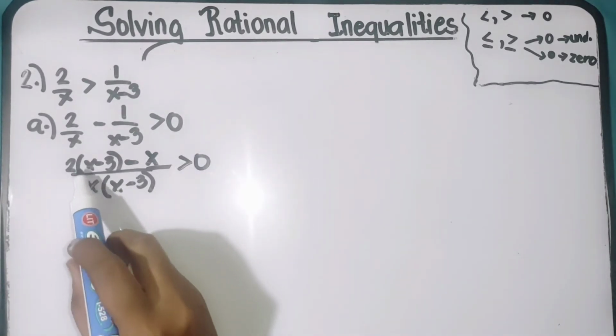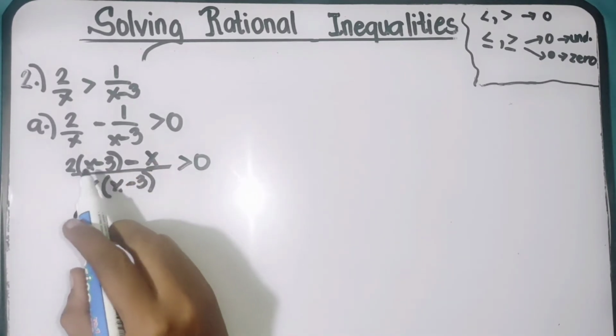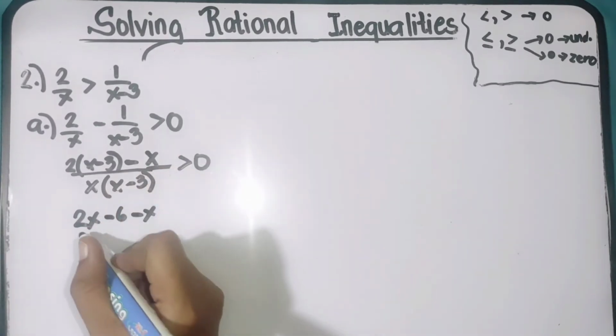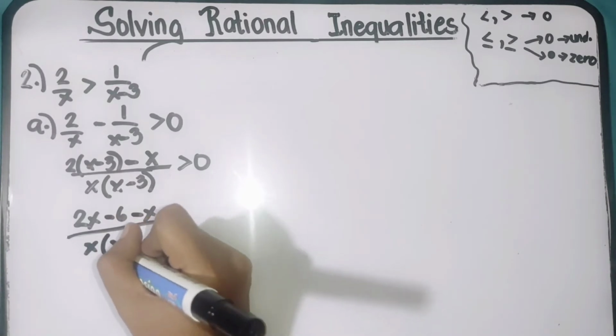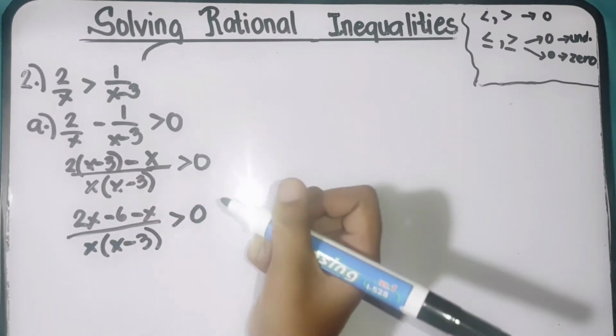Next, 2 times x is 2x. 2 times negative 3 is negative 6, minus x over x times x minus 3 is greater than 0.